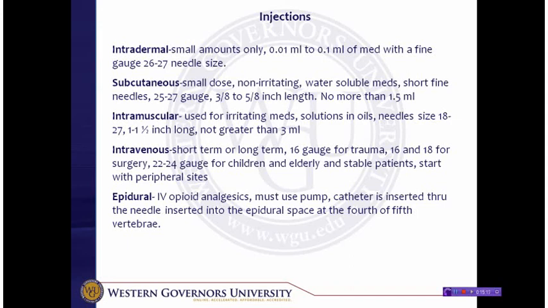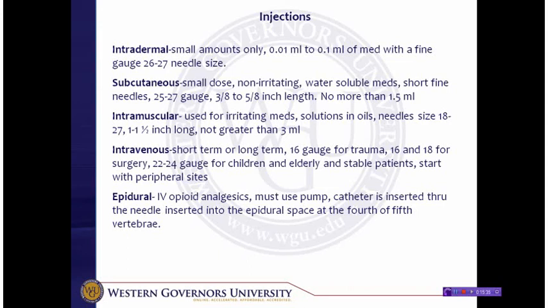A subcutaneous injection is for a small dose of a non-irritating medication. It will be a water-soluble medication. We use short, fine needles because it's only going to that fat layer just beneath the skin, so it doesn't need to be deep.